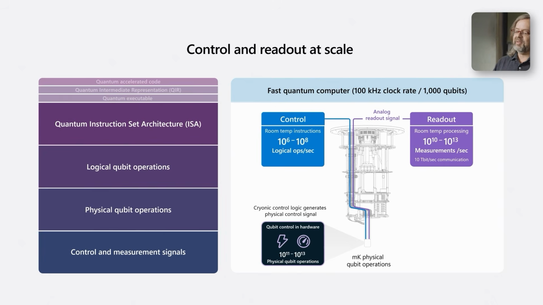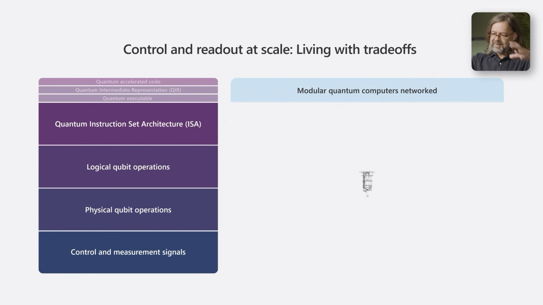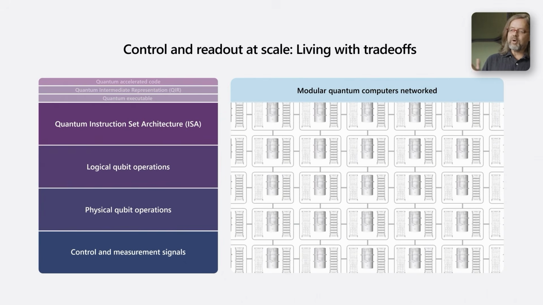We can do that with cryocontrol. But even that may be challenging for some qubits, and that's why one can split the machine into many smaller machines to cope with the bandwidth and the control requirements. That eases the control and readout, but it will increase the cost. And next time we'll look at these trade-offs.